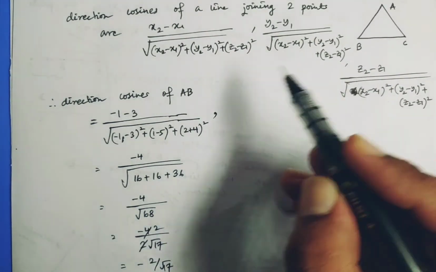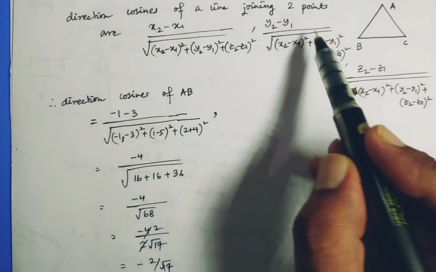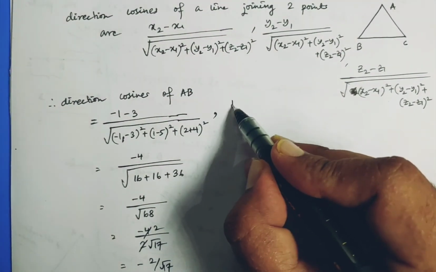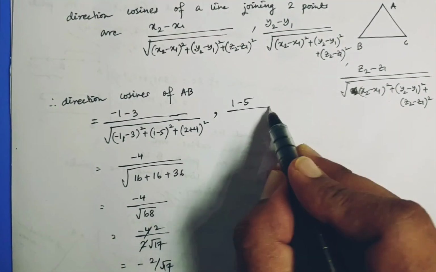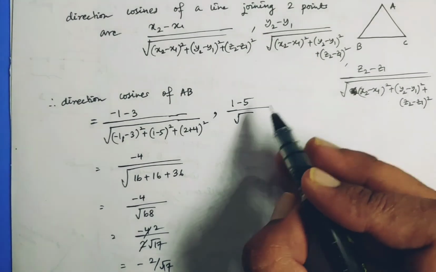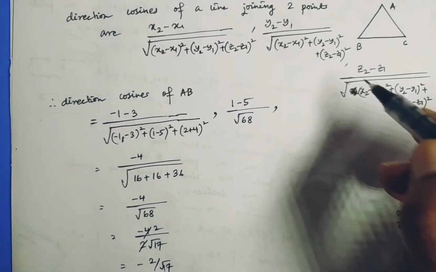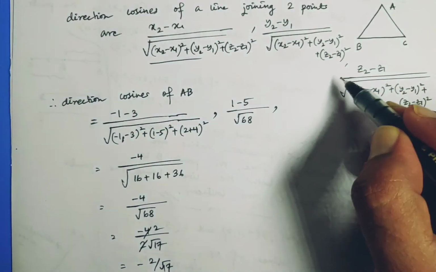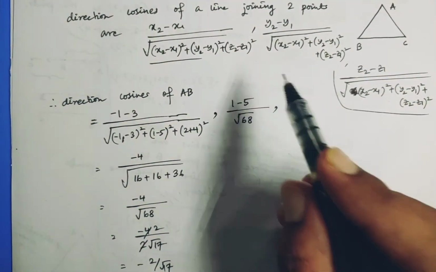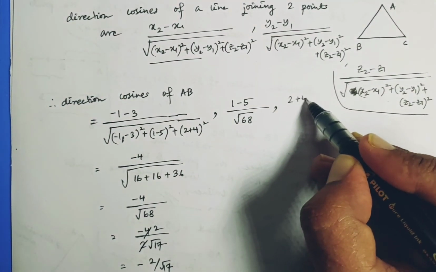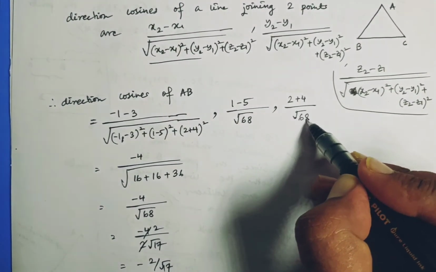So it will be what? Y2 minus Y1. So where is your Y2? Y2 will be this one. Y2 minus Y1, so 1 minus 5 divided by root over of 68. Now the Z2 minus Z1. What will be Z2 minus Z1? Z2 minus Z1 will be 2 minus of minus 4, that is 2 plus 4 divided by root 68.